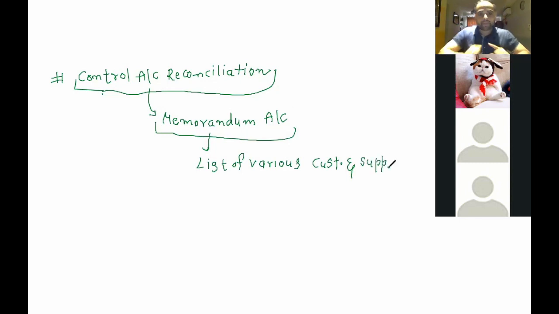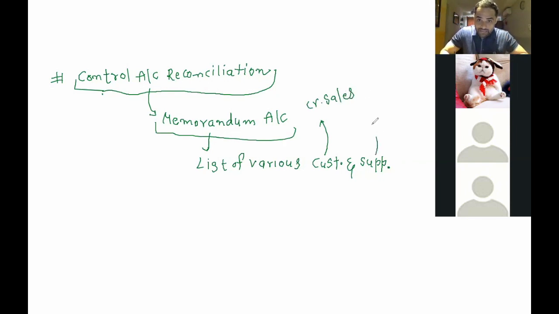suppliers, right? So if we have a list of different customers to whom we already sold product on credit, and the different lists of supplier from whom we purchase raw material on credit. So remember, the customer means credit sales, the people to whom we already sold product on credit.